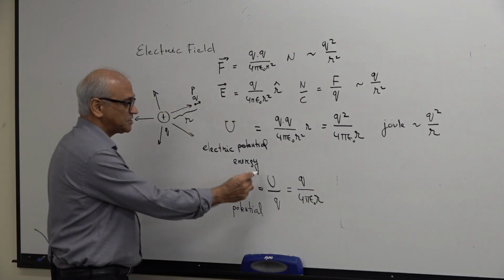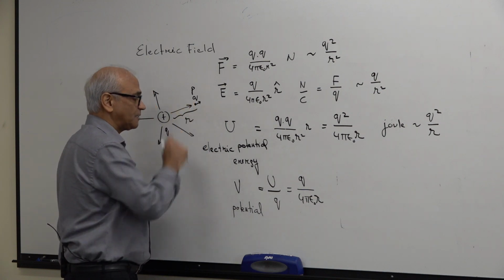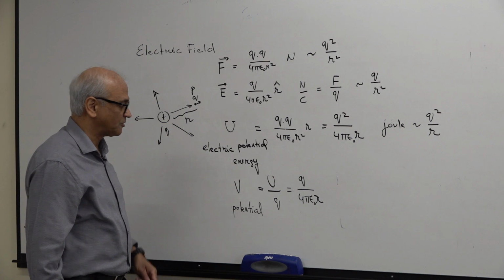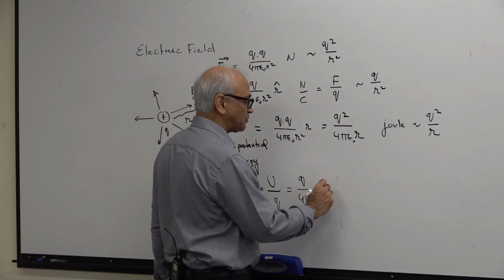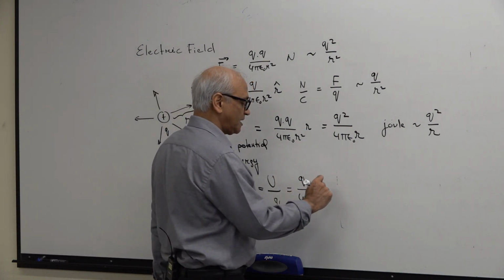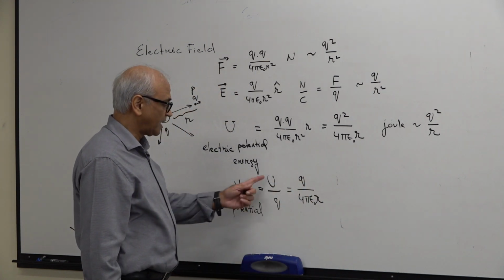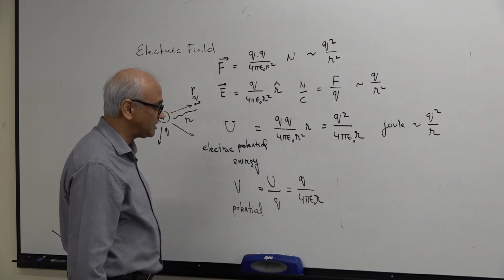So I take the energy, divide by the charge that I brought from somewhere else to that point. I get Q over 4 pi epsilon naught R, and I define that as the potential right at that point. And you can see I can write it out in many different ways.